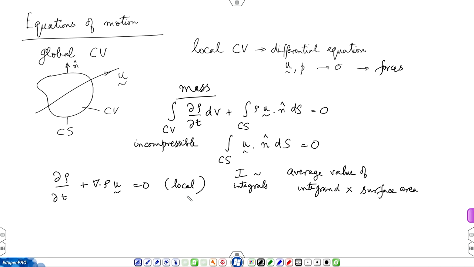If you have an ideal gas, let us say, then you can express rho in terms of pressure and temperature. If it is a compressible liquid, then rho becomes a function of only pressure. Those equations, what are they called?